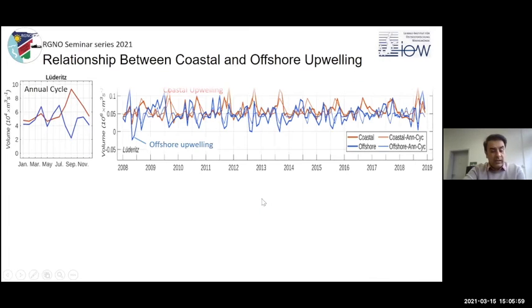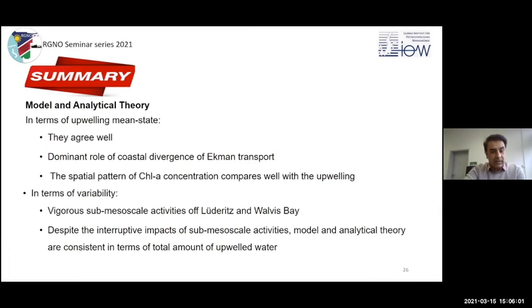With that, I would like to stop here and summarize my results. In terms of mean upwelling, the theoretical model and analytical theory agree well, which indicates the dominant role of coastal upwelling associated with divergence of Ekman transport. The spatial pattern of chlorophyll-a concentration surprisingly compares fairly well with the upwelling in the model and in the analytical theory.